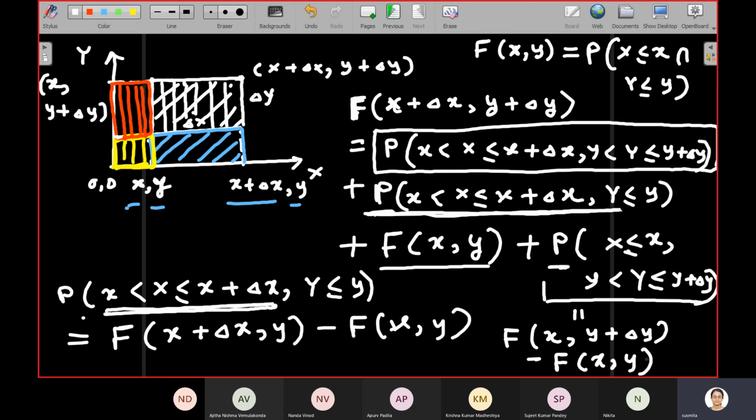Now similarly for this also we can write F. Now we have two of these and there's a negative sign before them, right? Here we have one F. So one of them will cancel out and we'll have negative F of x and y, right? Now let's take all of these F terms on the left side, then we will have an expression of this one.